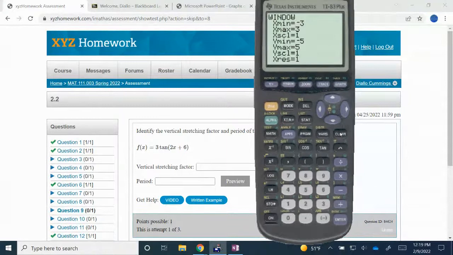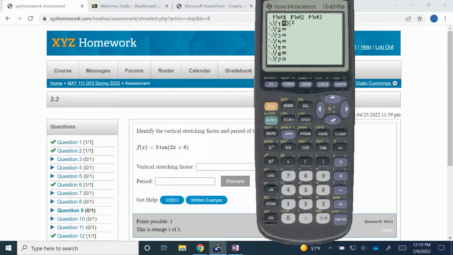I'm going to relate this to an algebraic function, so I'm going to graph x squared. Let me do zoom 6. If I were to graph x squared, this would be the graph of x squared.